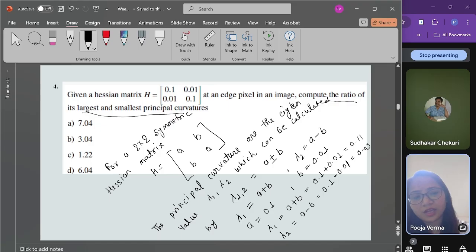So they have asked the ratio of the largest to smallest principal curvature, right? The principal curvatures we have got are lambda 1 and lambda 2, the eigenvalues of the Hessian matrix.